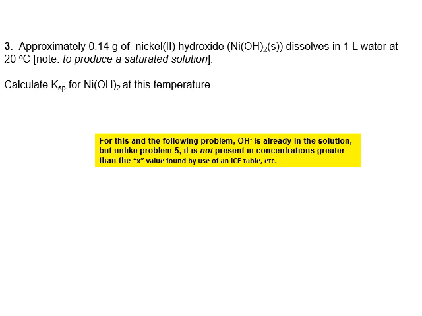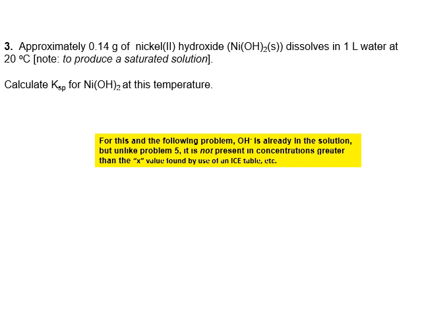Okay, this one's phrased a little differently. It's dissolving in 1 liter of water, so we're going to have moles per liter if we can convert 0.14 grams of nickel 2 hydroxide to moles. So again, what we'll want to do is divide 0.14 grams by whatever the molar mass is for nickel hydroxide.